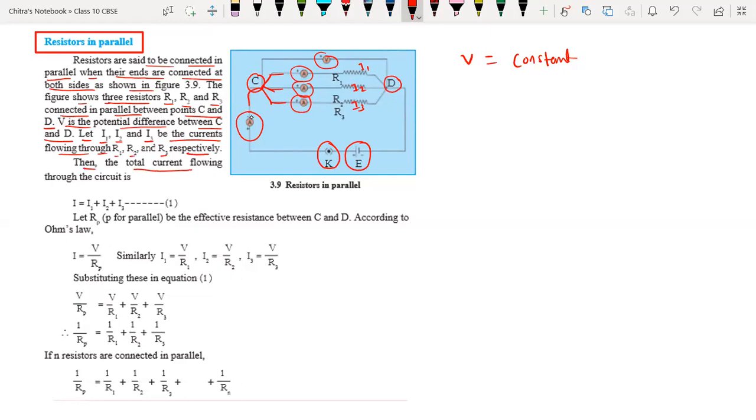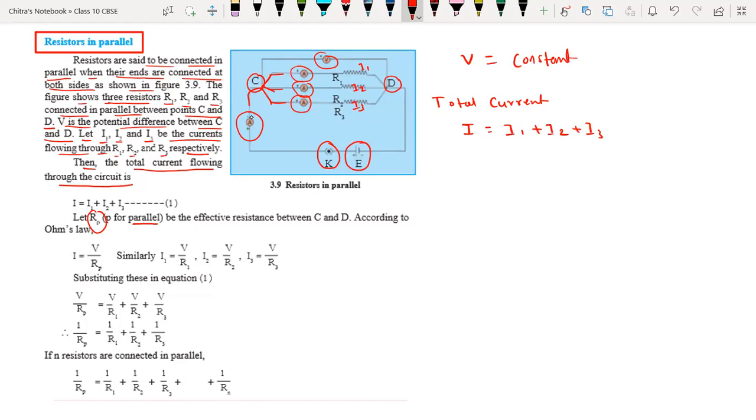Then the total current flowing through the circuit will be what? I'm writing here total current flowing through the circuit will be I equals I1 plus I2 plus I3. Let RP be the resistance, where P represents parallel.